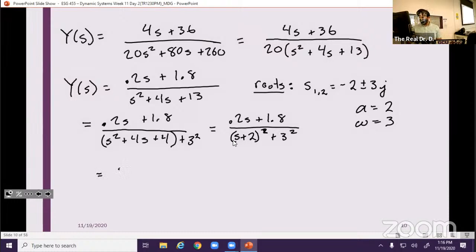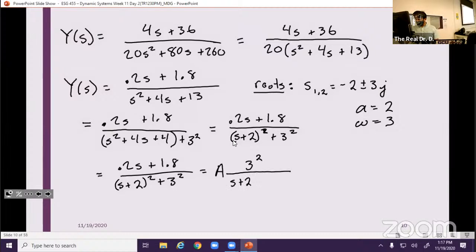So let's rewrite it. 0.2s plus 1.8 over (s plus 2) squared plus 3 squared. And that's going to be equal to, I'll use capital A times 3 over (s plus 2) squared plus 3 squared, plus capital B times (s plus 2) over (s plus 2) squared plus 3 squared.